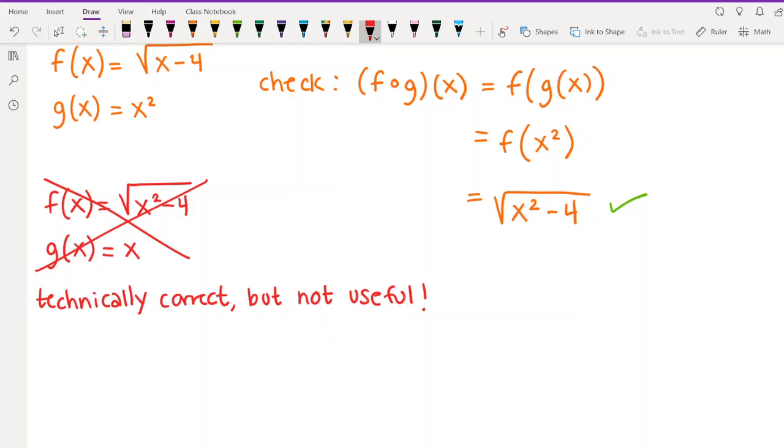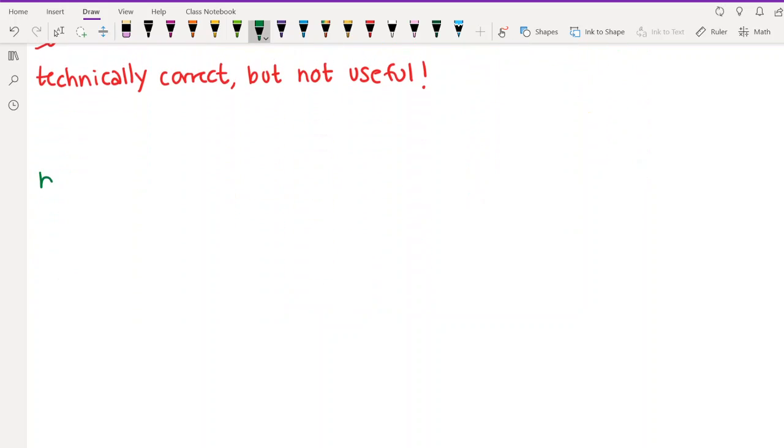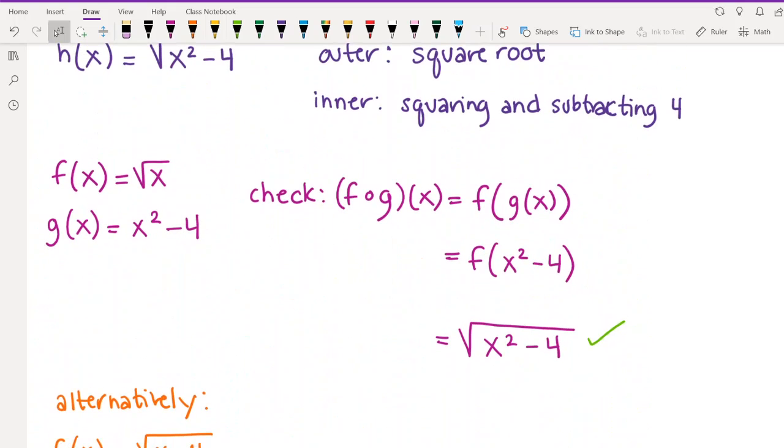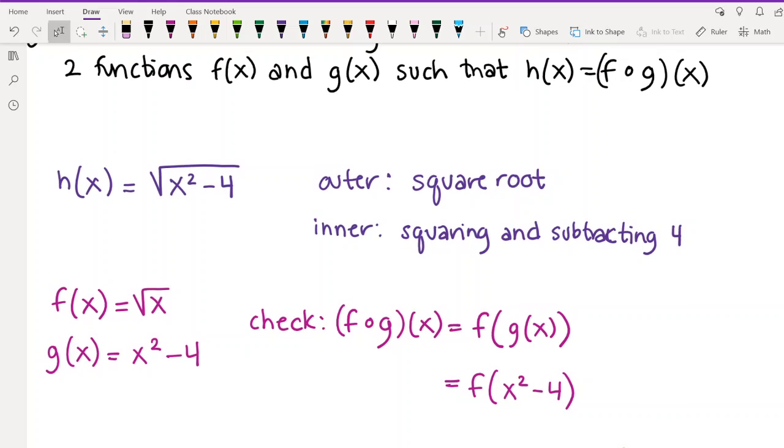Okay, so let's do one more example. This next one, we're going to do h of x is equal to 1 over x minus 5. I think this one is a little bit harder because remember my approach was talking about what is the outer and what is the inner function.